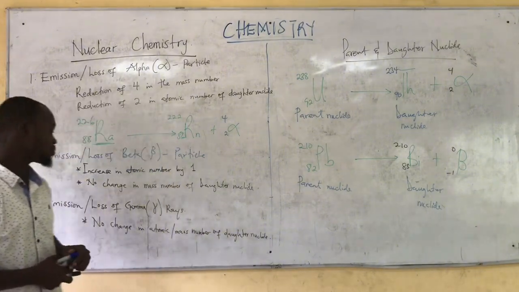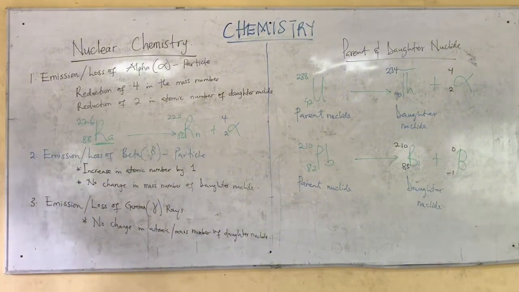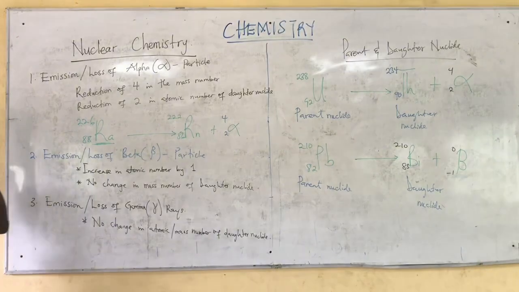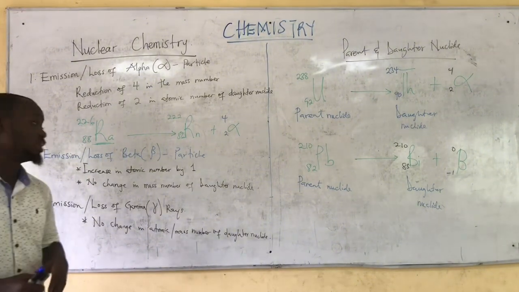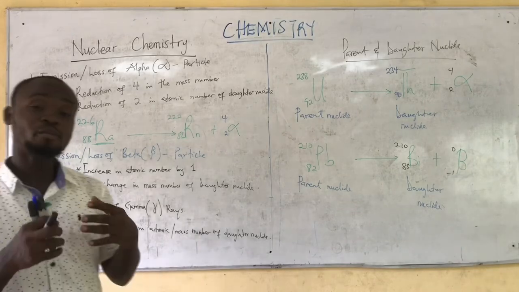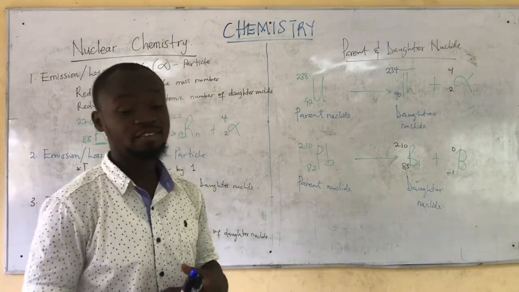Is that okay? Now the last one is the emission or loss of gamma rays. With the gamma ray emission, both the atomic number and mass number remain the same.